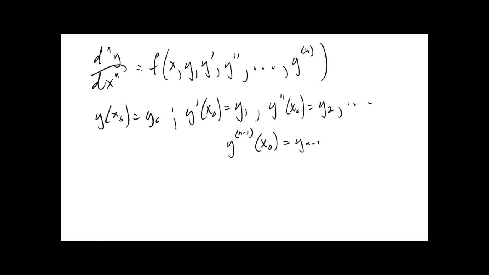Okay? Then, and here's where the term initial comes from, at some fixed value of x. In some senses, I don't really care for the term initial, except that's what everybody uses. When I think initial, I think x equals 0. It doesn't have to be that, but some fixed value.